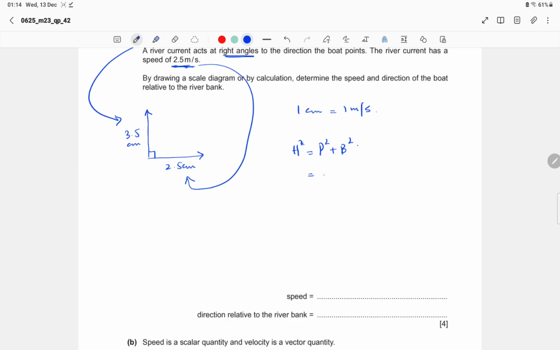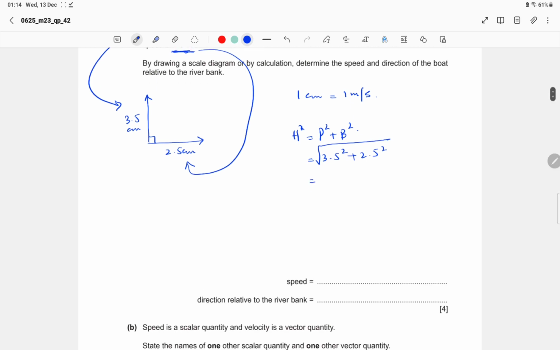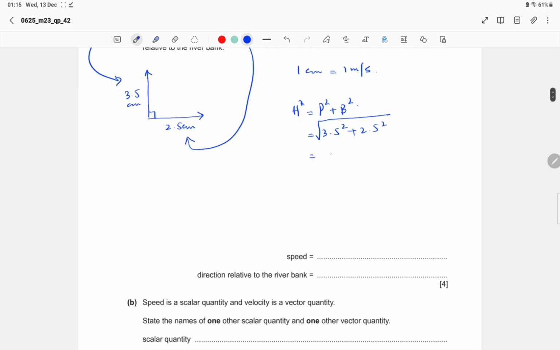This is 3.5 squared plus 2.5 squared, then square root, which gives the answer of approximately 4.3 meters per second.